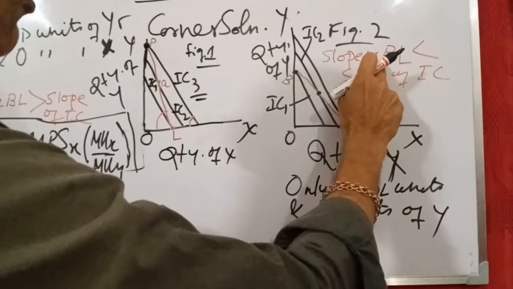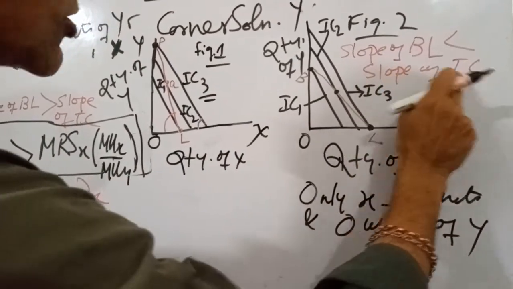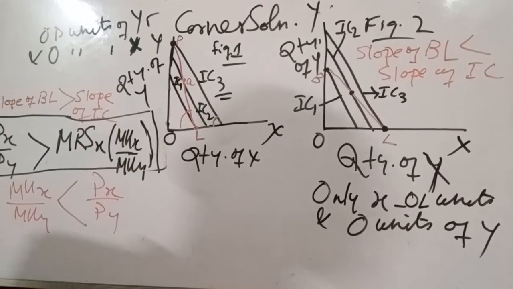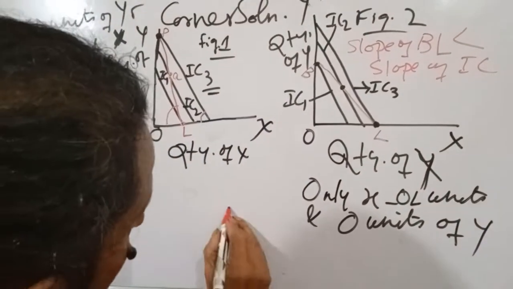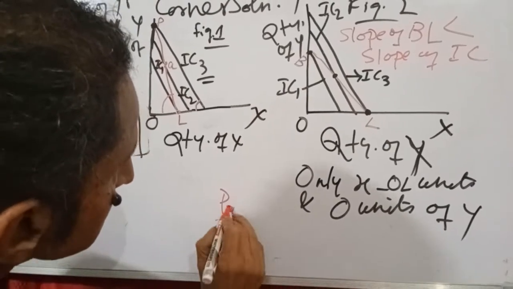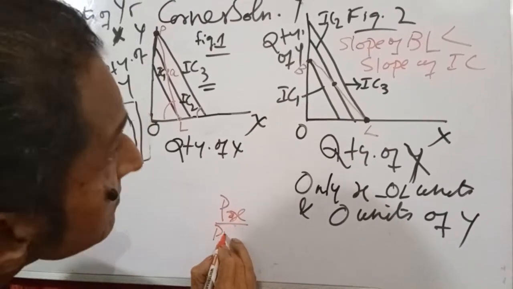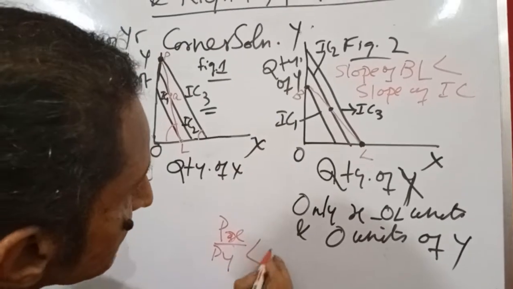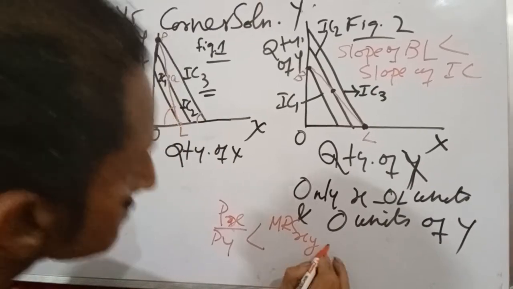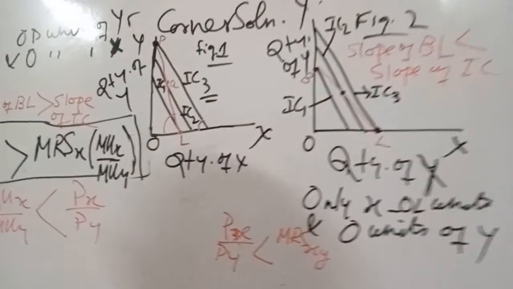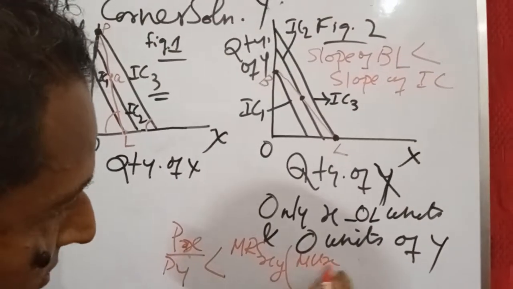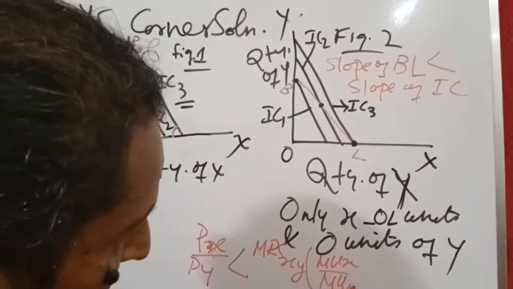Here the slope of the budget line is less than the slope of the IC. This means Px by Py is less than MRS XY, which is MUX divided by MUY.